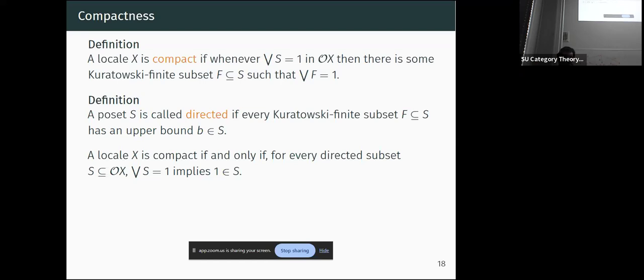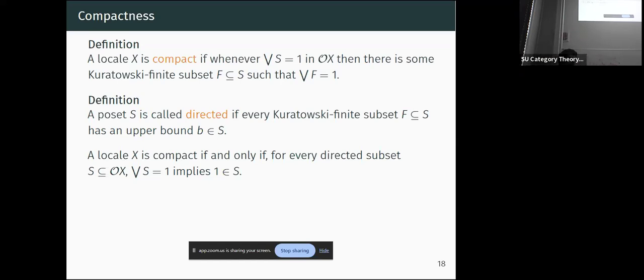Now, why is this equivalent to the previous definition? Well, if it's a directed set, and you know that there's some finite subset that joins to 1, any of these finite subsets will have some element larger than all of them. So that must be 1 in this case, because it's finite now. So if it's larger than all of them, we can replace all of them just with this largest element.